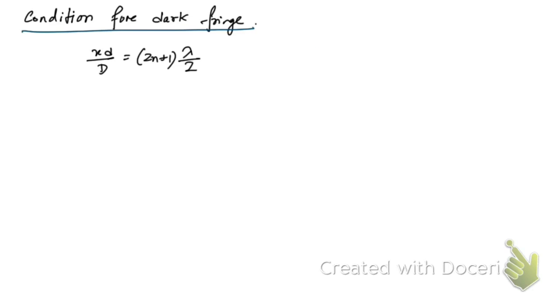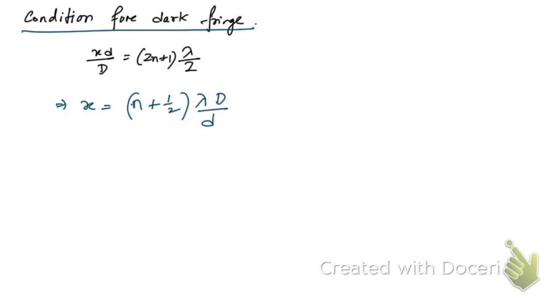So here you see x will be equal to twice n... so it can be written this way also. You can multiply by the half, then (n plus half) into lambda capital D by small d. And this is the position of the n plus 1 dark fringe.